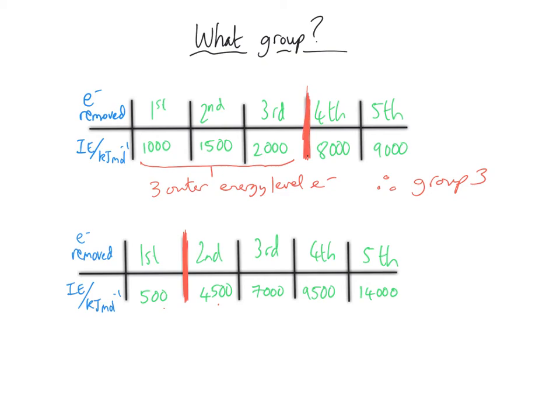Just looking here, this is actually a larger increase of 5,000, but 9,500 to 14,000 is actually only an increase of about 50%, whereas this, it got 9 times bigger. So that was a much bigger increase on here. So that means that this 1 electron is present in the outer energy level. And so this is therefore in group 1.